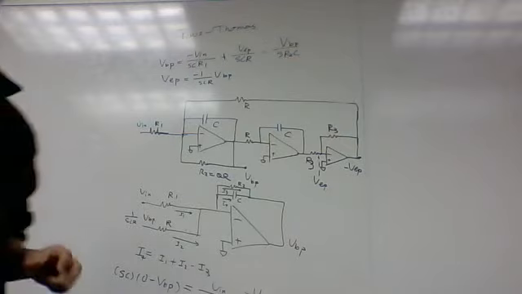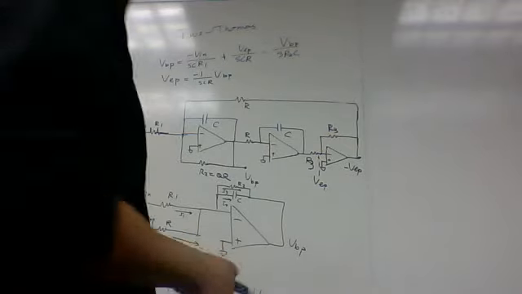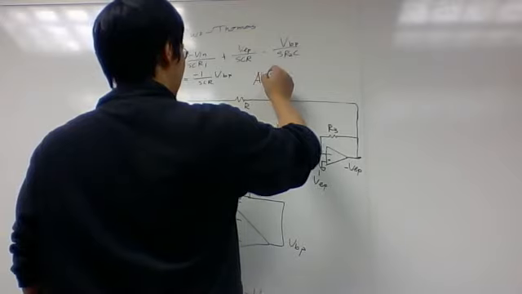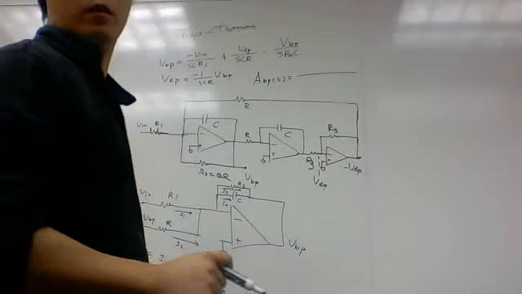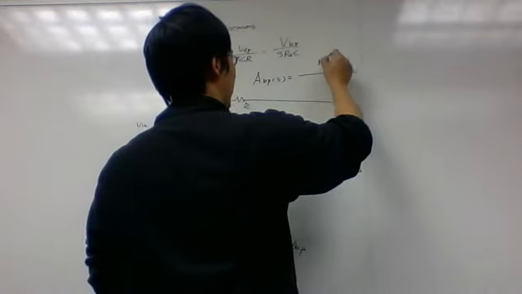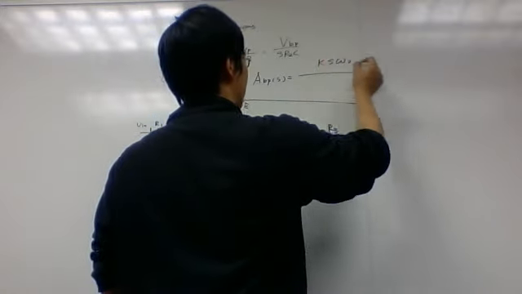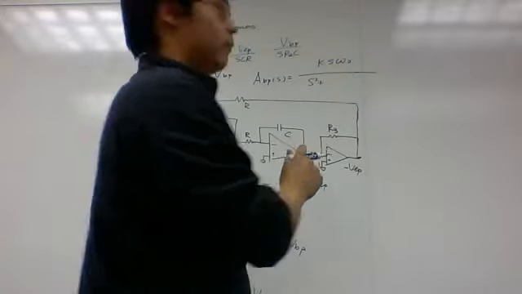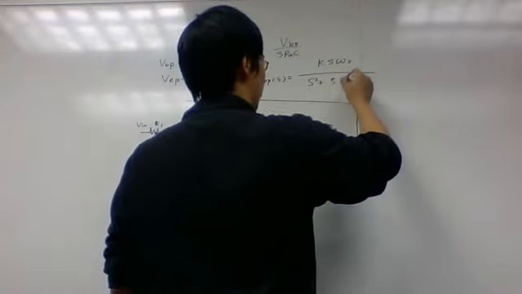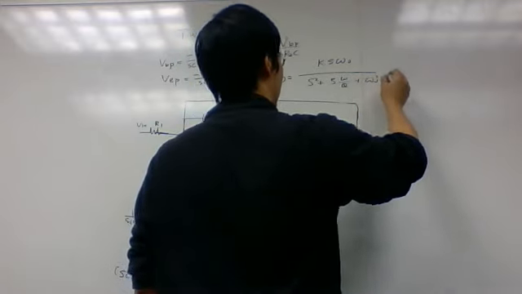So then you plug in there, and you get a transfer function of the bandpass, which will be K times omega 0 S over S squared plus S omega 0 over Q plus omega 0 squared. Okay.